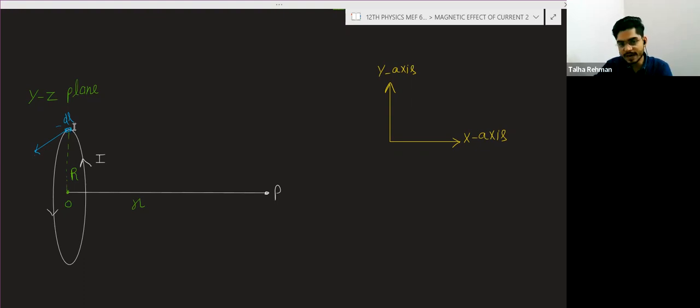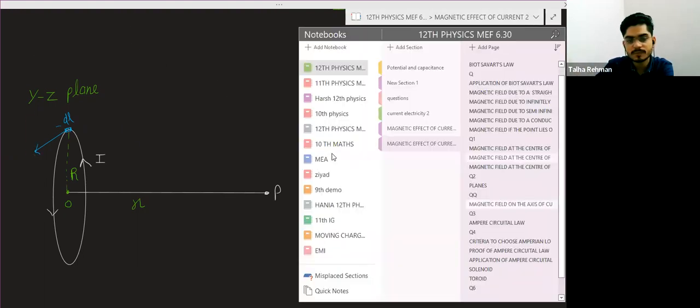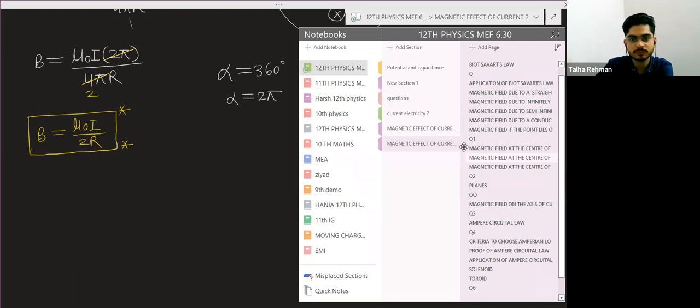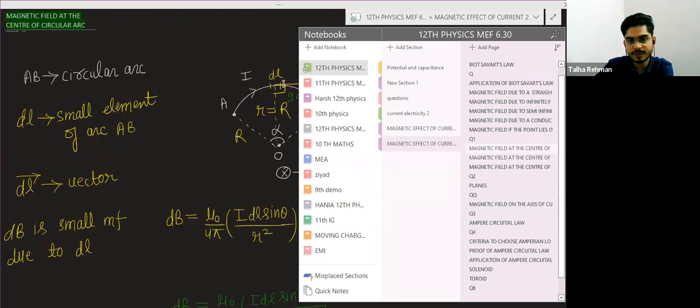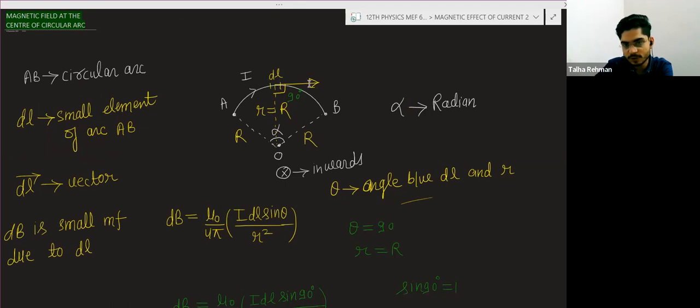So the direction of current at this point will be tangential. By drawing the tangent, as we have done earlier, here we have taken the small element, drawn a tangent, and drawn the direction.